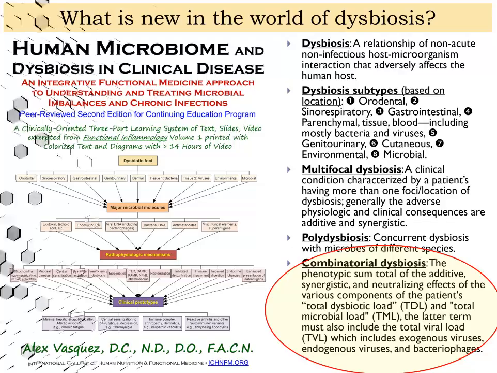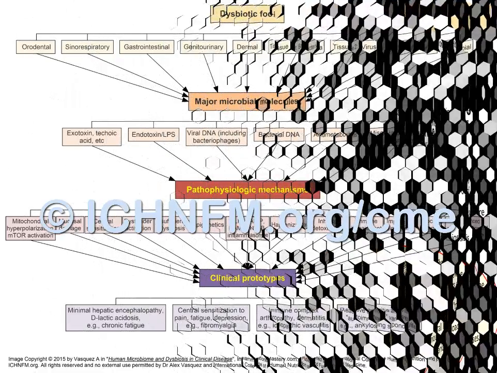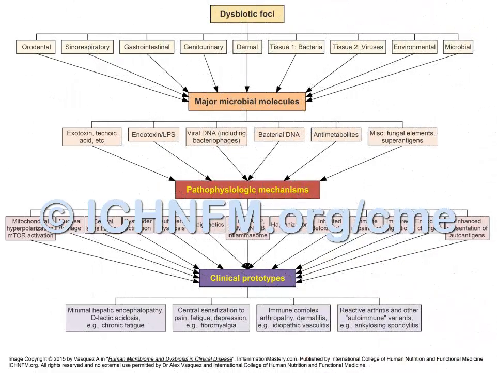So here's the diagram that I just showed you. Again, it's just another way of looking at things. And I think the more models that we have, the more diagrams that we can create, ultimately the more accurate our perception of this is. So if you think of dysbiotic foci or locations, you've got all these locations, not only including bacteria, but also viruses.